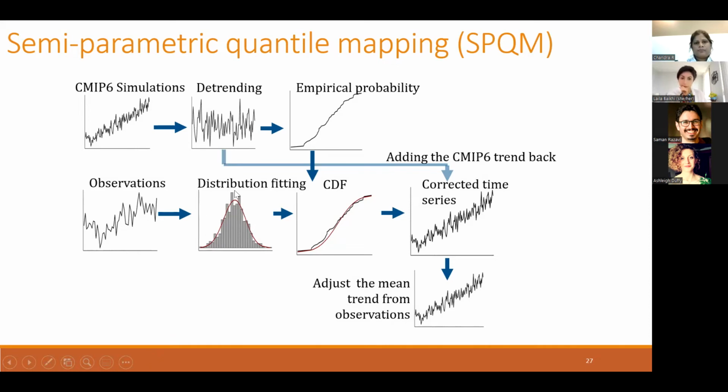We fit a distribution and get the CDF, and then using the CDF and these empirical quantiles, we match the empirical probability and the CDF of the observations, making sure that the empirical probabilities are mapped to the CDF of the observations, and then we add the trend back. And once the trend is added back to the projections, we also adjust the mean trend with respect to the observations.